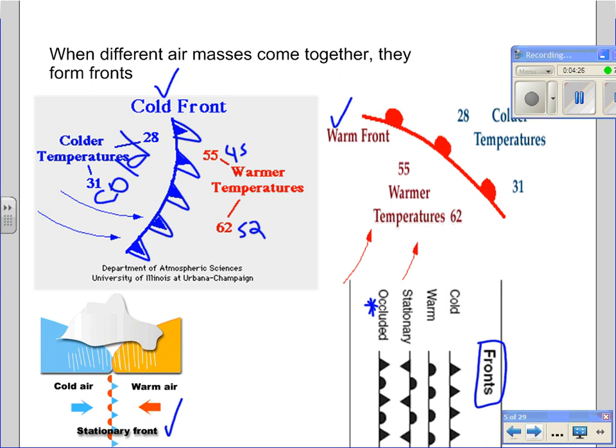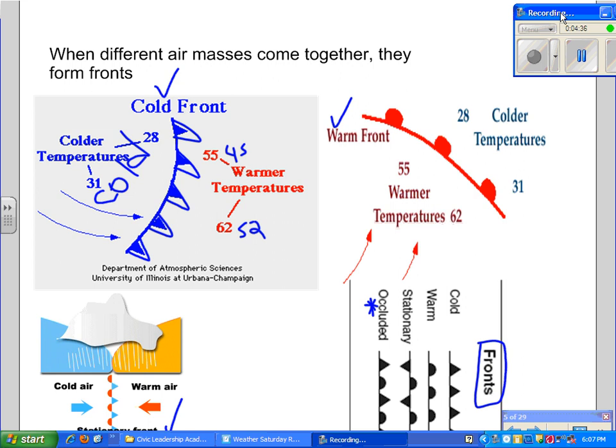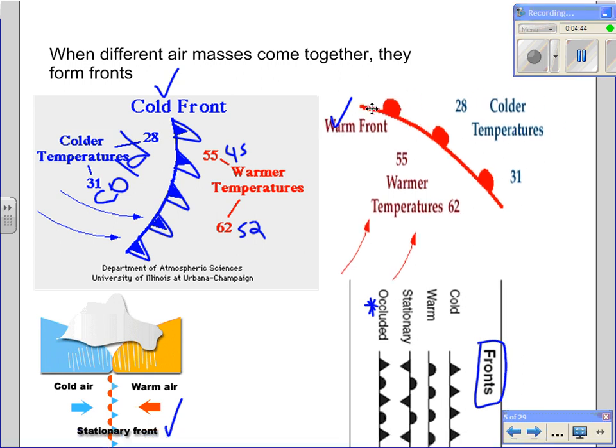Now, a warm front is the opposite, where you have warm air advancing towards cold air. Alright, so we have these symbols where we have our semicircles, our red semicircles. And again, they're pointing towards the direction of movement. Okay, again, they're almost like arrows.